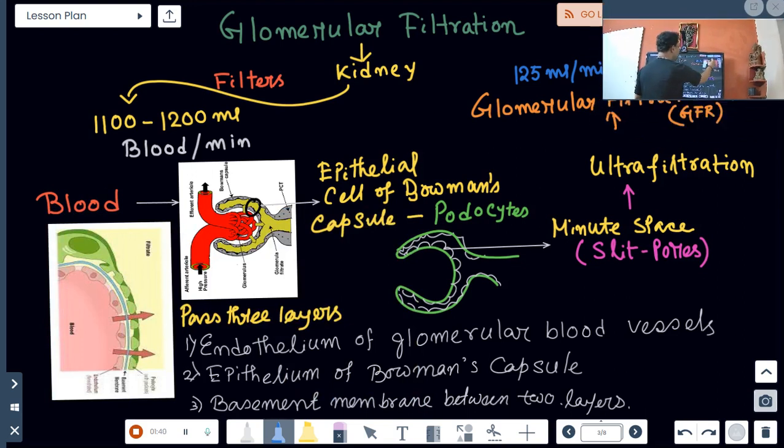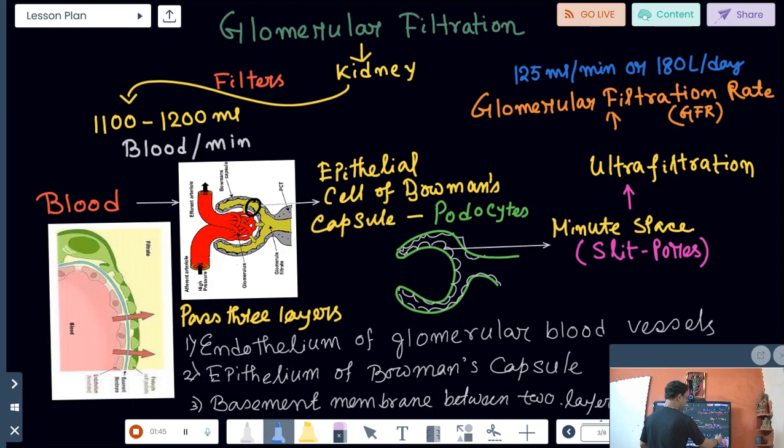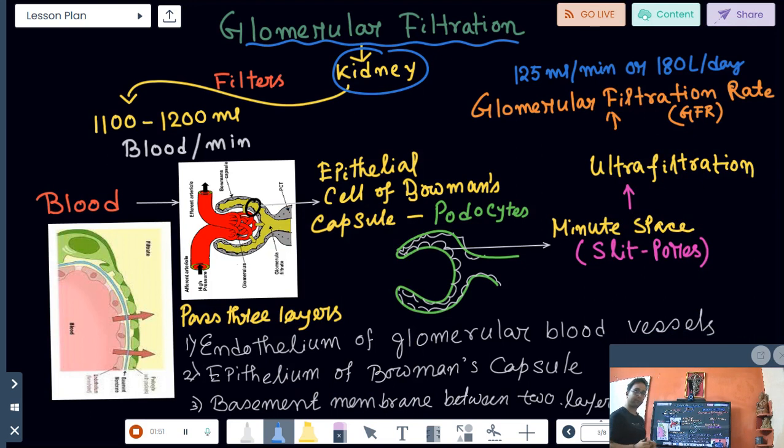The glomerular filtration, you know, this process happens inside the kidney. We already know that lots of nitrogenous substances are present in our blood. They need to be eliminated from our body.